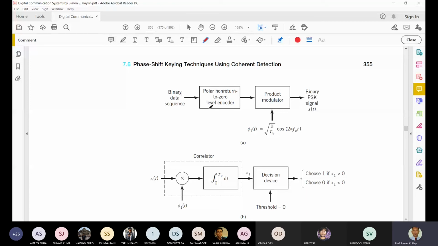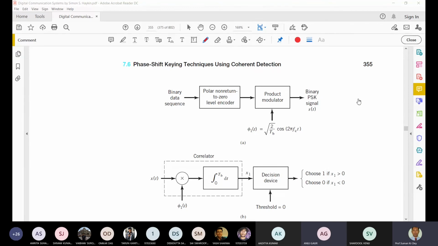There are many types of line coders: unipolar NRZ, unipolar RZ, polar NRZ, polar RZ, bipolar NRZ, then Manchester, like this. So do you remember what the signal should be for polar NRZ? Onuj, go ahead.